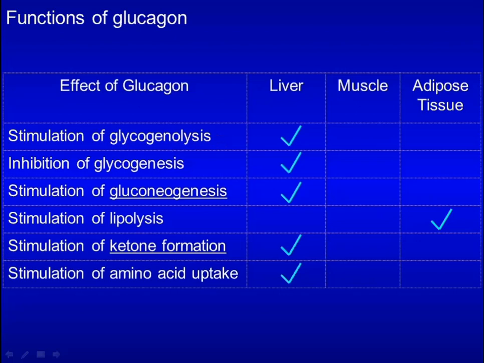It stimulates gluconeogenesis by increasing transcription of PEPCK and G6PC genes. It stimulates lipolysis by activating hormone-sensitive lipase. And finally, glucagon stimulates ketone formation and amino acid uptake into the liver.